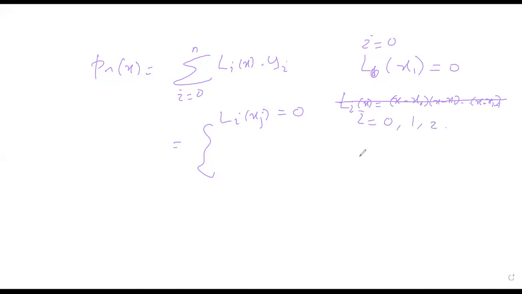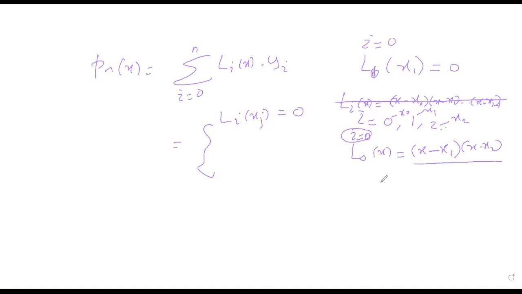This is my x0 value, this is my x1 value, this is my x2 value. If I write L0(x), can I put x0? No, whatever the i value I am defining, I can't put it here. So if I define i equal to 0, we won't have x0 but we will have x1 and x2.